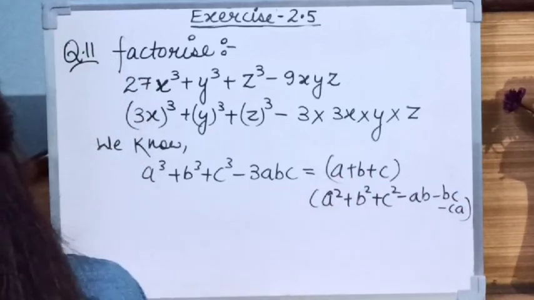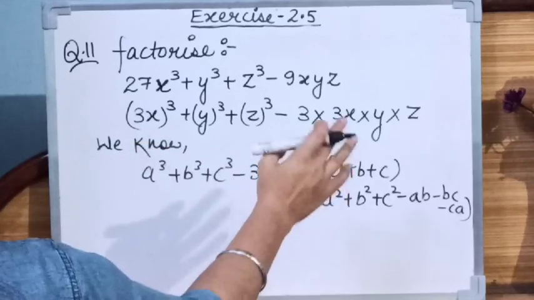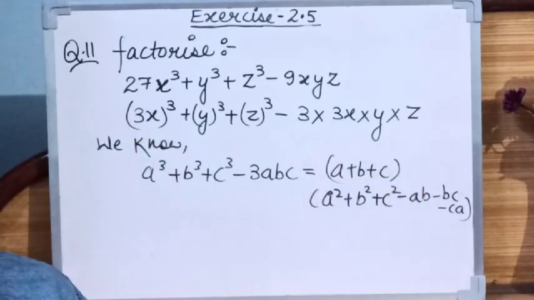So this is our identity, and we are just going to put the values of a, b and c in the right hand side of our identity.